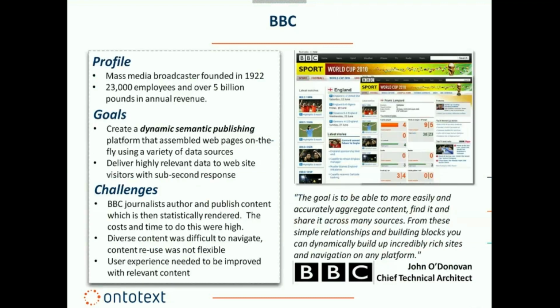The first one I'll cover is the BBC, and we always start with this particular example as the BBC Dynamic Semantic Publishing platform that Ontotext developed was the first really mass adoption example of semantic technologies.